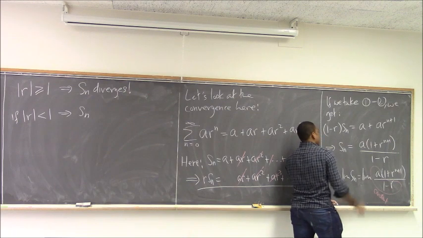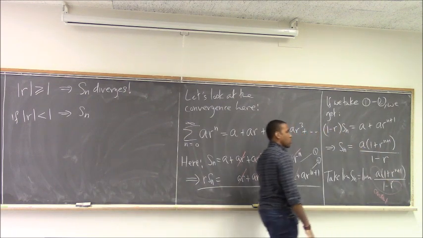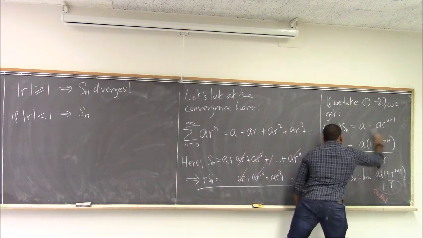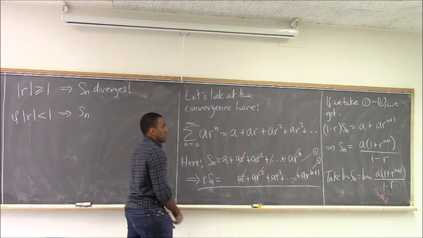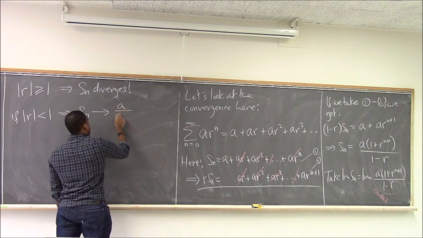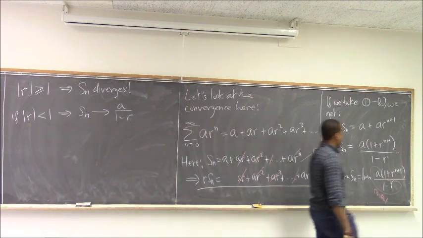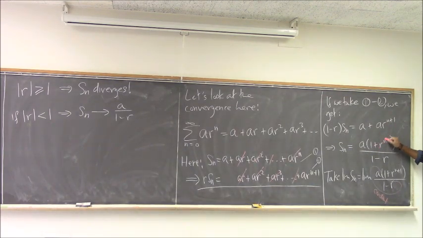Now, look at this whole thing. My r is something smaller than 1. What's going to happen to that whole thing? If my r is smaller than 1 in absolute value, this part here is going to go to 0, and I'm going to be left with a times 1 over 1 minus r.